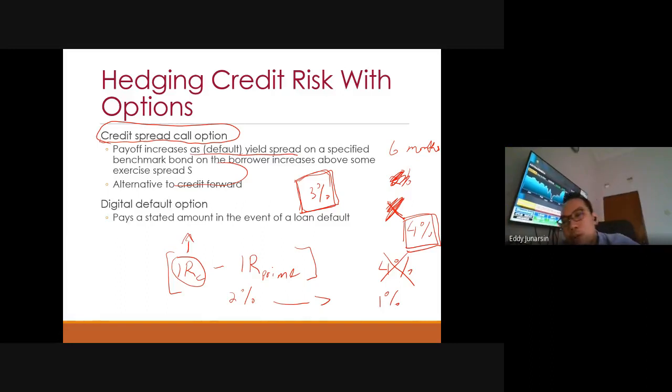So you execute the contract, then you get money from this, right? You get money from this contract. But in the real world, your client might have financial distress or might go broke on something else. And the money from here is expected to compensate for the potential loss that you might suffer in the real world because of the decreasing quality of your client, as shown by the higher spread.